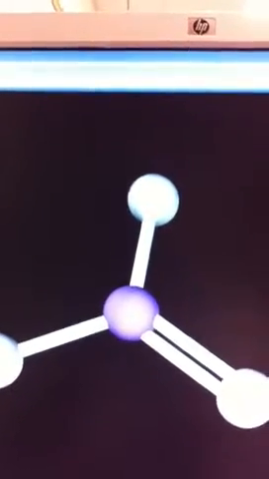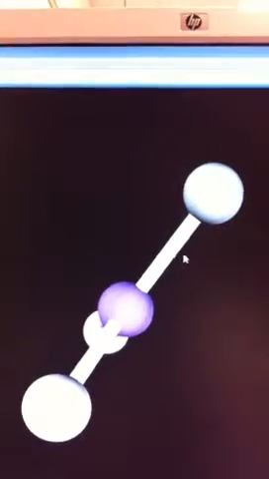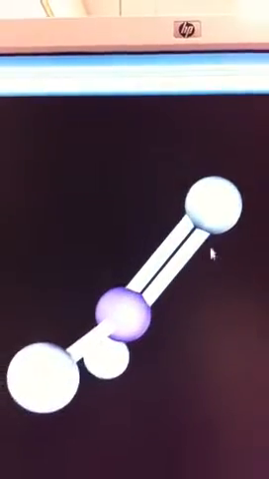The next molecule we're going to look at is if you have 3 outside atoms, and it doesn't matter if you have a double bond or a single bond. So if you have 3 outside atoms, it's going to be trigonal something. Tri for 3, trigonal something. Now, if you'll notice that all of these atoms are on the same plane, and they are as far away from each other as they can be.